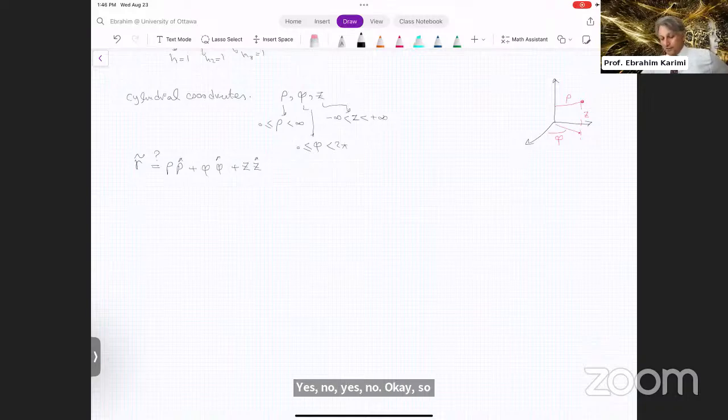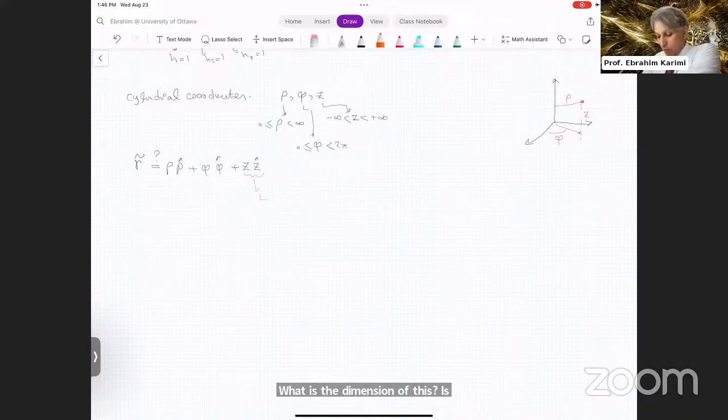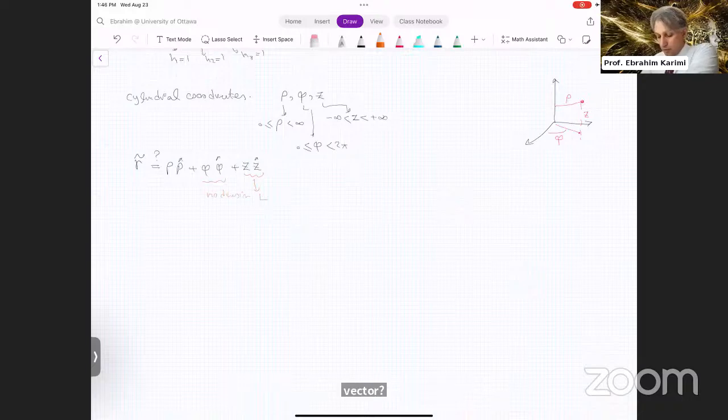First of all, if I write it in this way, what is wrong? Look at the physics. What is the dimension of this? It is length, right? What is the dimension of this? It is radian multiplied by a unit vector, which has no dimension. What about this? Length multiplied by 1 is length.